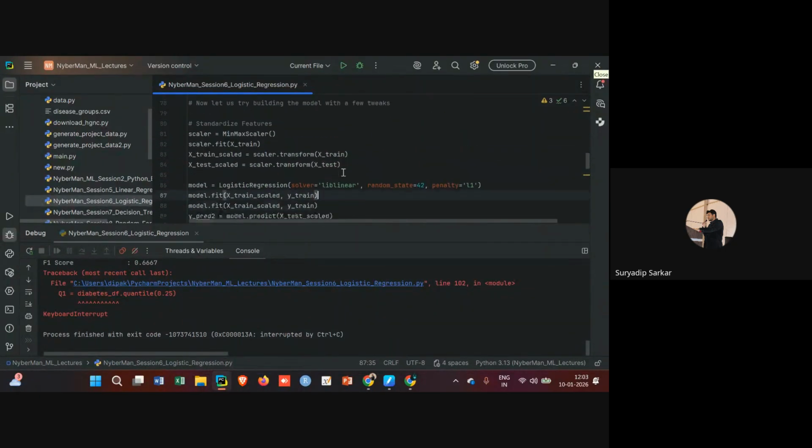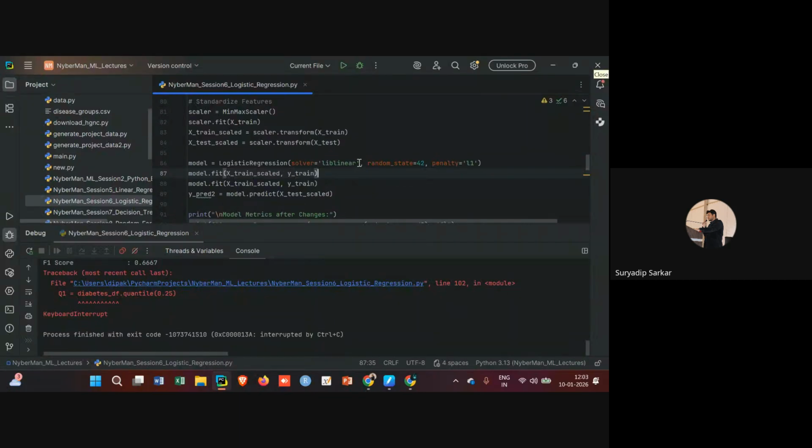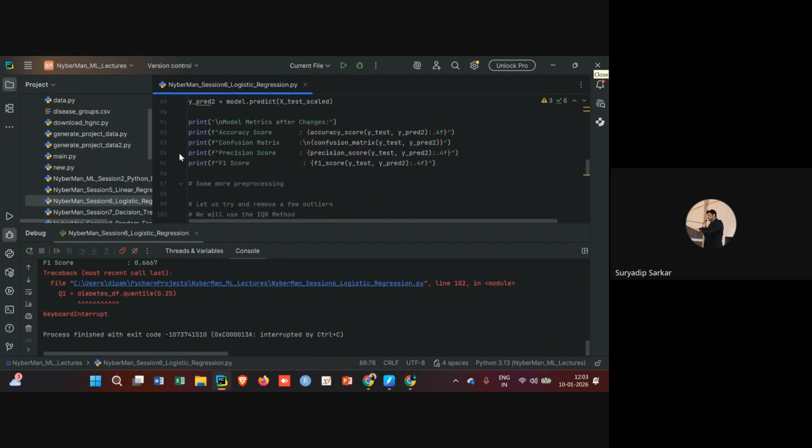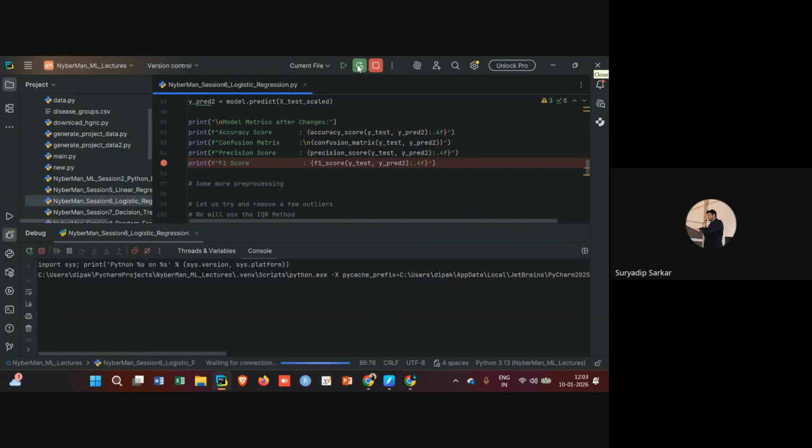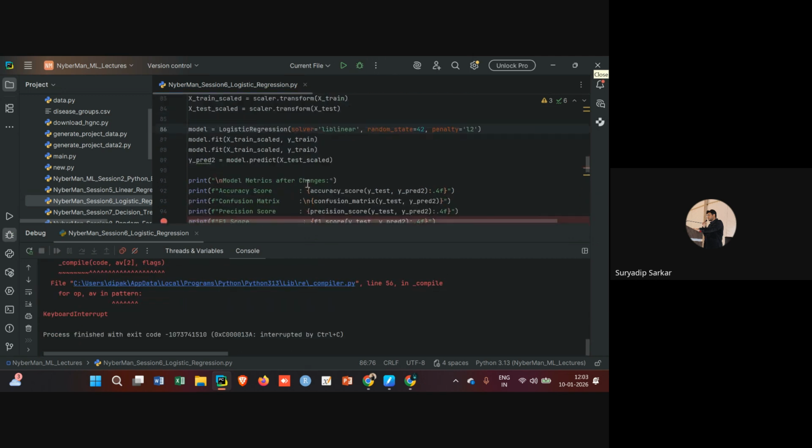Okay, so let us actually try some other penalty. There is another penalty known as an L2 penalty. Let us try the L2 penalty once. Let's see what that gives us. So if I put a breakpoint here and I debug, all those plots will again come up. Wait, let me stop this.